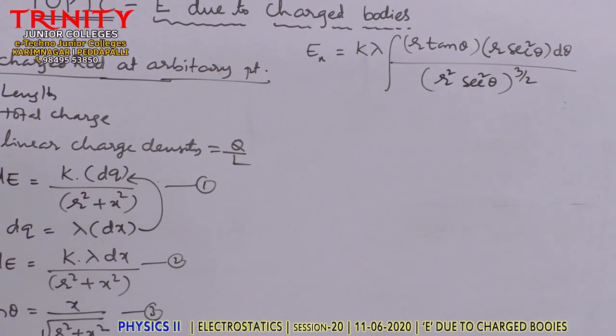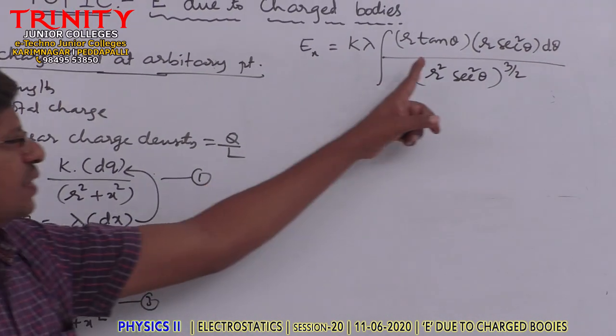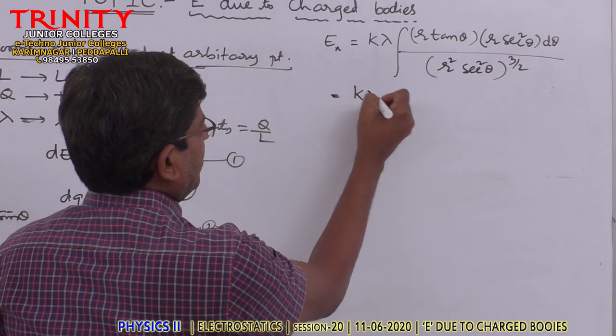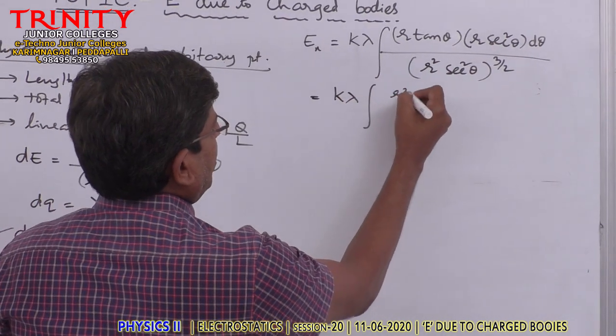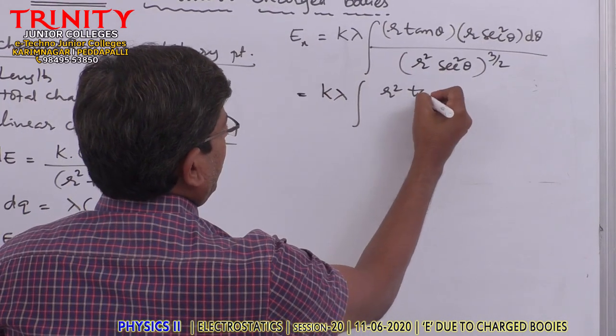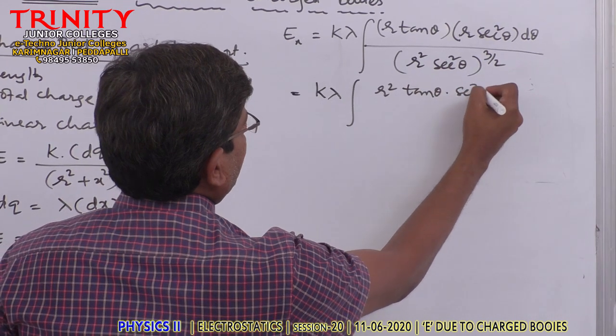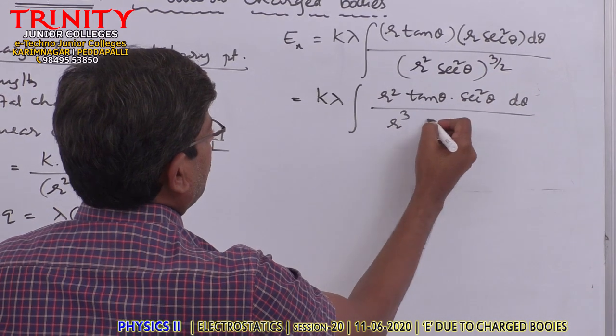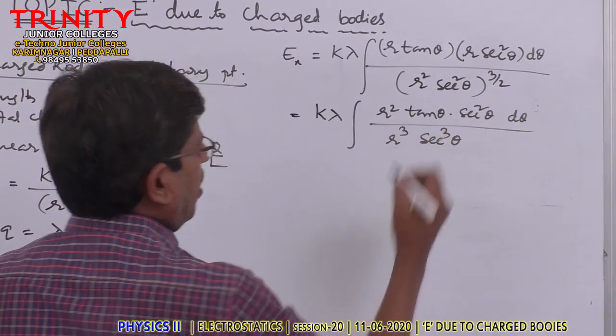Naturally, the squares will cancel here, and the cube remains. So, you will end up with r square, this r into r square tan theta sec square theta d theta, divided by r cube sec cube theta.